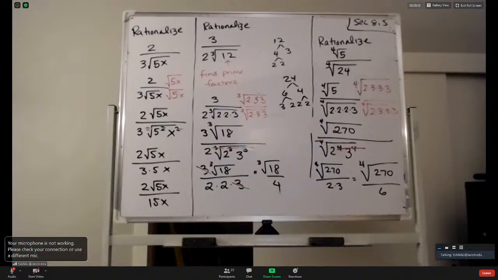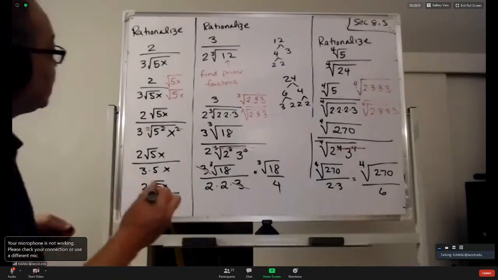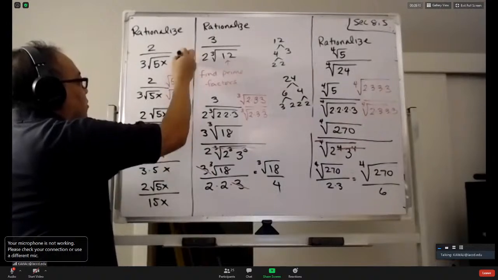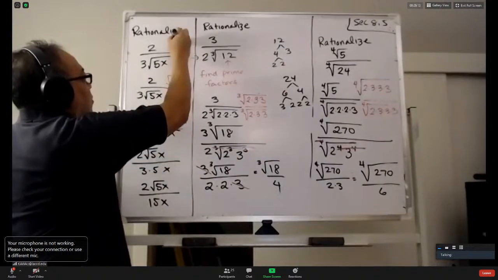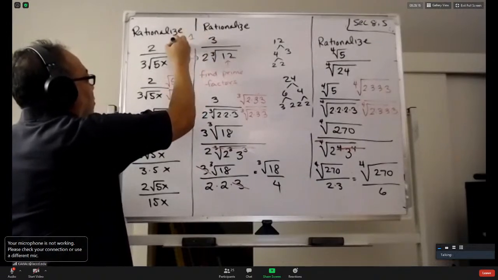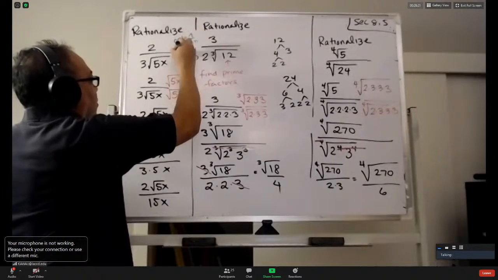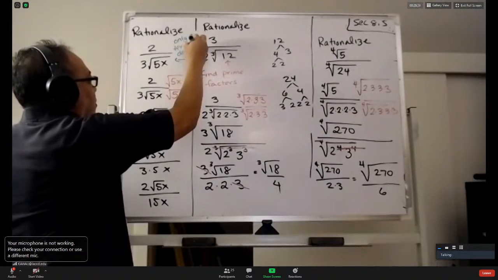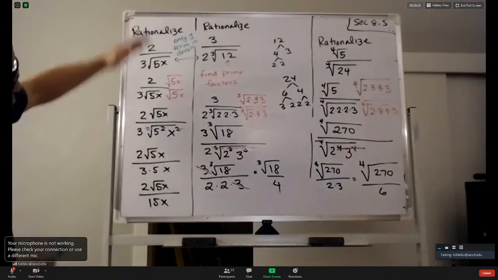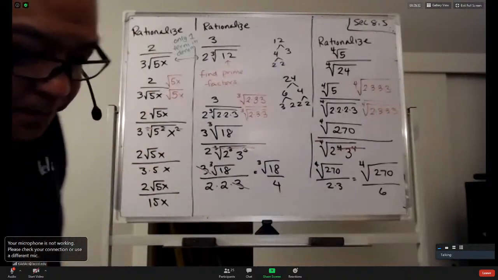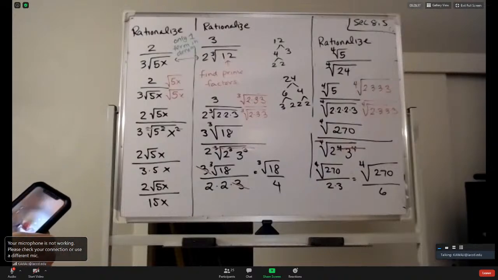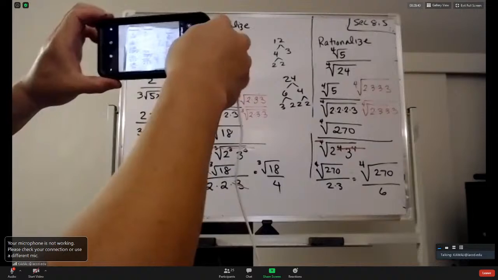I'm going to give everyone a chance to copy, but I want you to notice that in the denominator, there is only one term. Okay, so if there's only one term in the denominator, this is how you rationalize. So when you take trig and pre-calculus, you'll automatically rationalize the denominator.